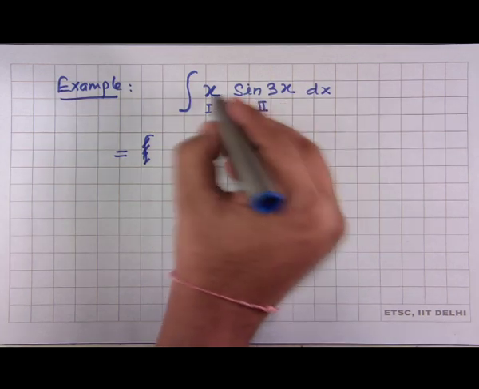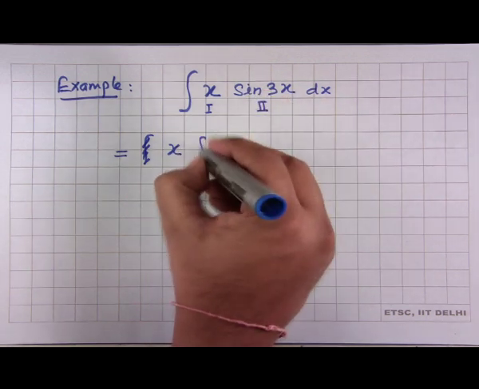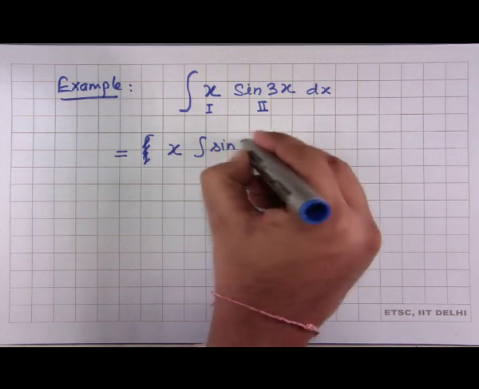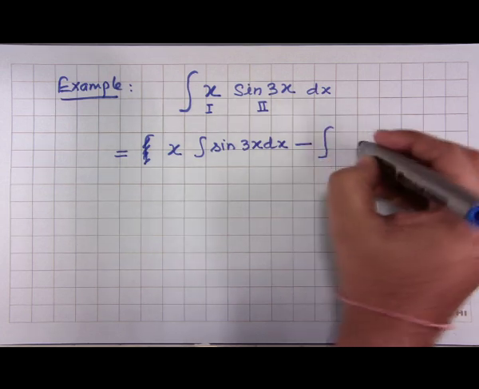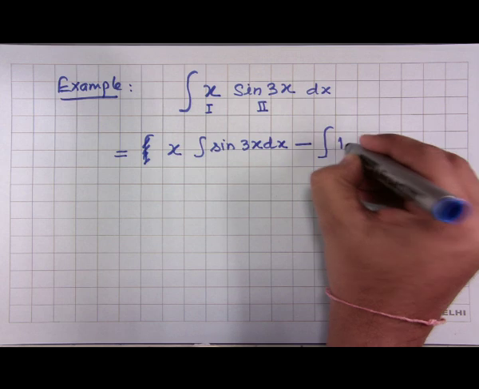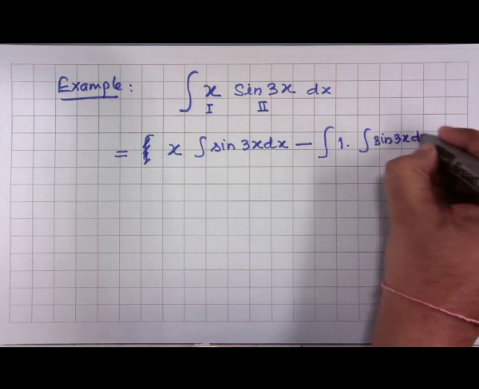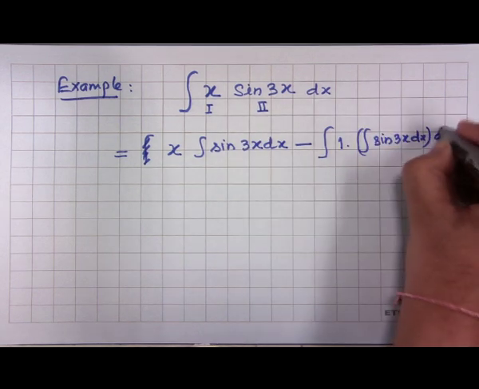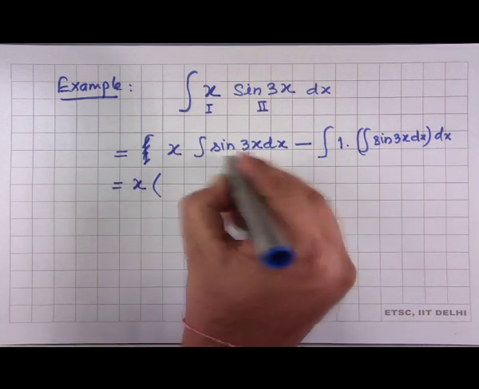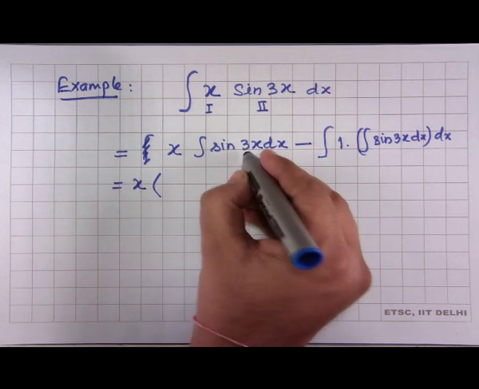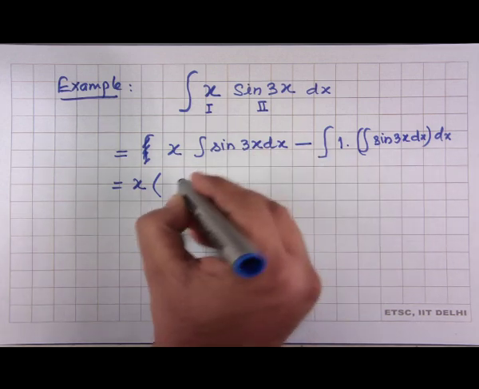Here the integration says first function integration of the second minus integration of differentiation of the first integration of the second, whole integration. This gives me x. Integration of sin x, I know, is minus cosine x, and this function is a linear term, therefore I can write the coefficient of x in the denominator.